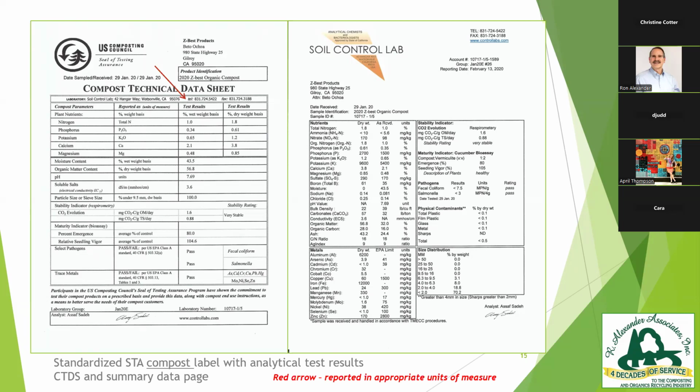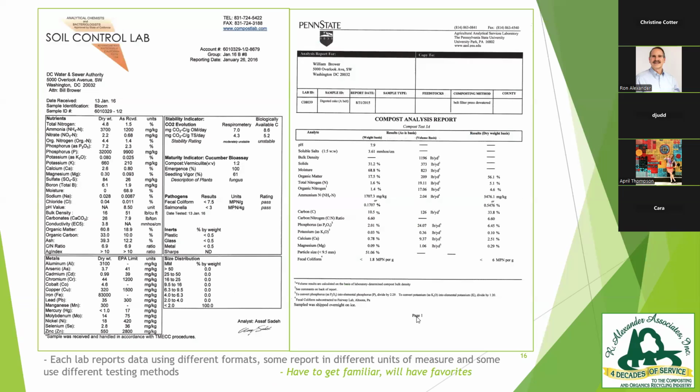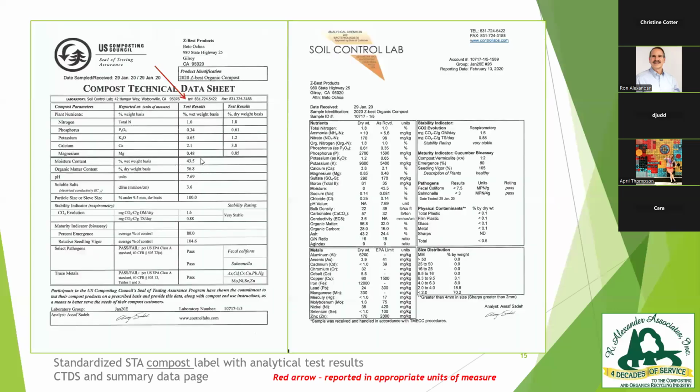A lot of other products like Bloom will use a similar test package because it's easy to understand the data in comparison. Here's some of those backup sheets, one done by a lab in Pennsylvania, Penn State, one done by one in California. You can see these backup sheets look a little different. Everybody's going to have their own favorite, but this front sheet is going to be the same.